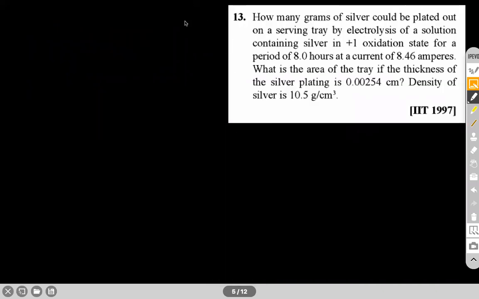How many grams of silver could be plated out on a serving tray by electrolysis of a solution containing silver in +1 oxidation state for a period of 8 hours? Okay. So obviously, when electrolysis is there, the question is based upon Faraday's law of electrolysis. Time is given, 8 hours, so 8 into 60 into 60 seconds.